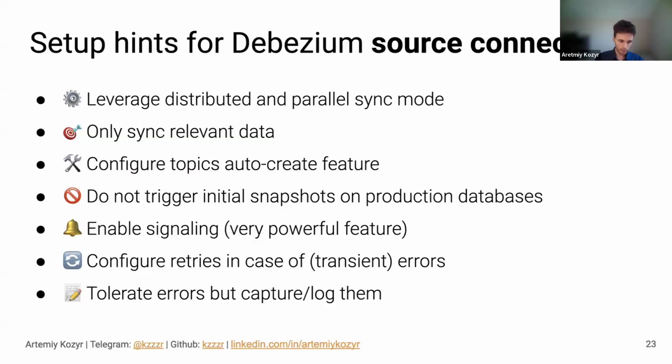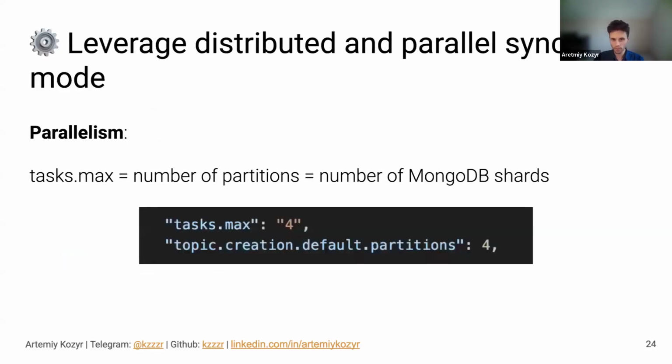And then I would say error logging is a mandatory thing. So you would want to tolerate errors. You'd want to go on with your replication, but you would capture the errors, analyze them and take action. Right. So let's get some more details.